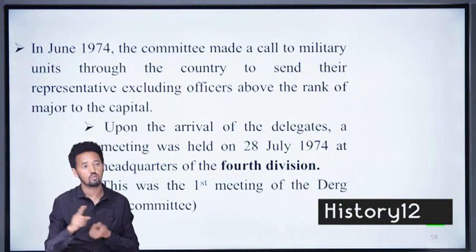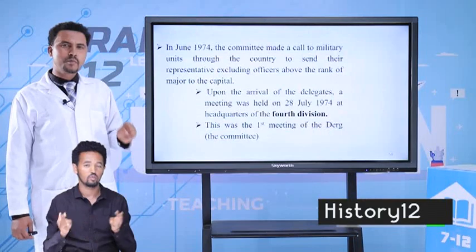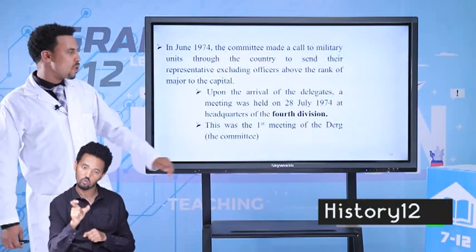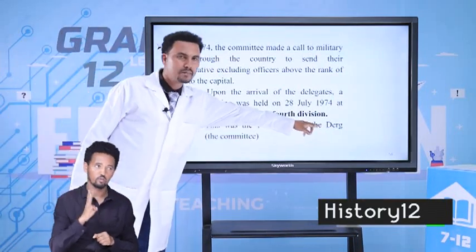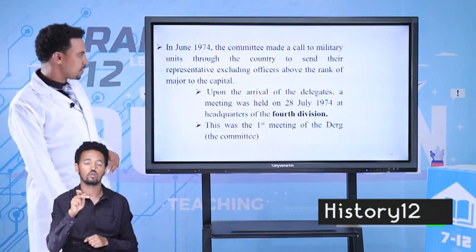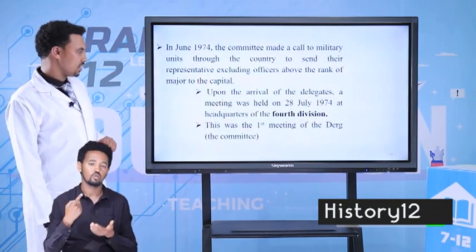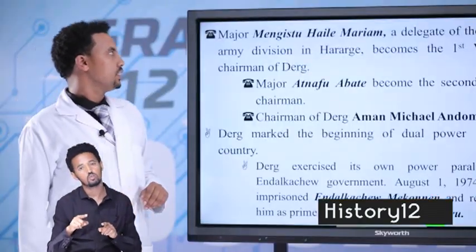By this movement, the meeting formed a committee. That committee was known as the Derg. The Derg was formed in July 1974. Major Mengistu Haile Mariam was the delegate of the Third Army Division in Hararge. He became the first vice chairman of the Derg.